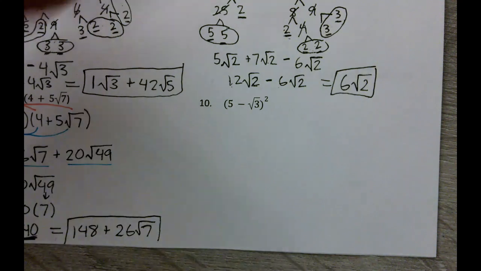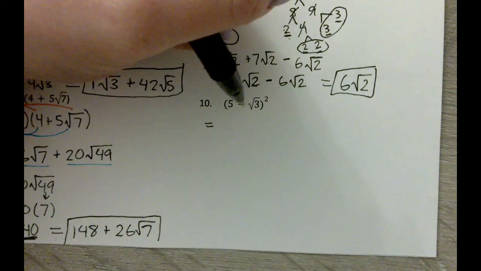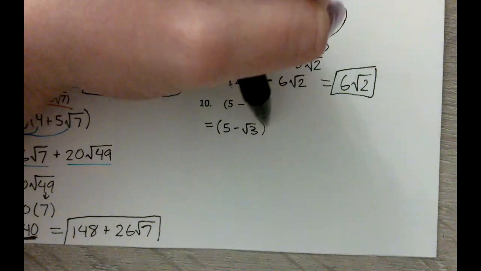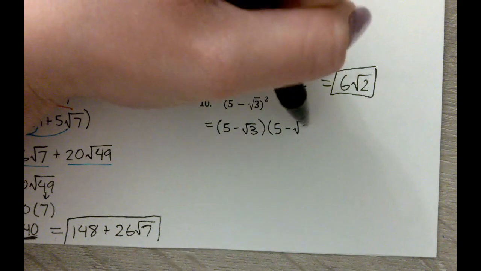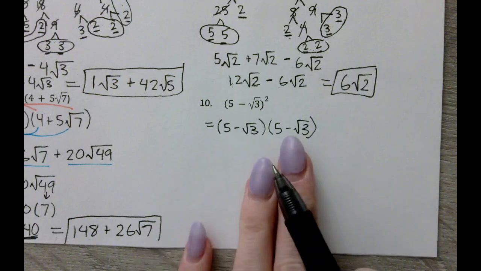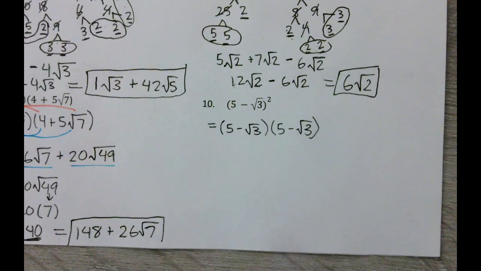No. Remember, this is the same thing as 5 minus the square root of 3 written twice. That's what squared means. It's a number times itself. That giving of the exponent only works if these are being multiplied or divided.